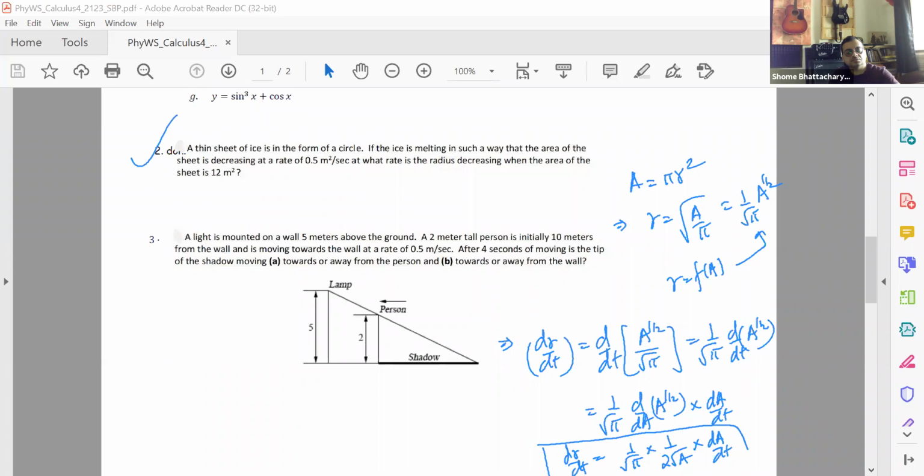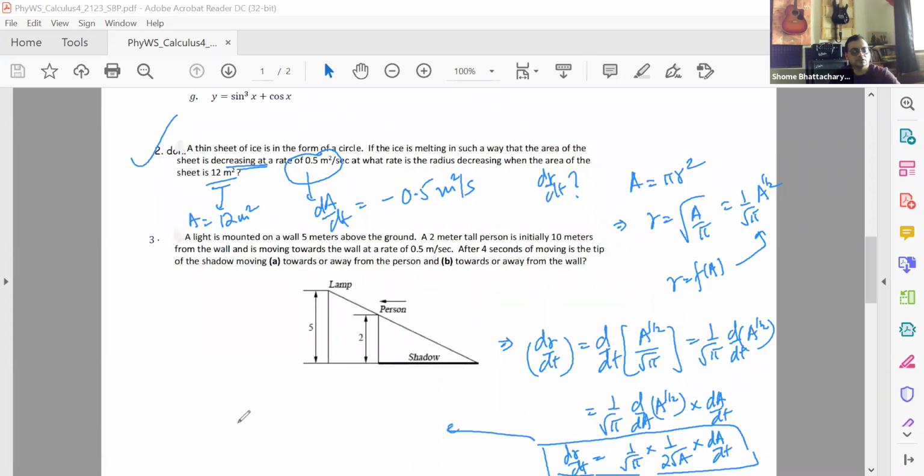So this is the relationship that we are getting between dr by dt and dA by dt. Now we can just substitute the information given, that the area is decreasing at this rate. So dA by dt should be written as minus of 0.5 meter square per second. And at that instant, when the area of the sheet is equal to 12 meters square, at that instant we have to find dr by dt.